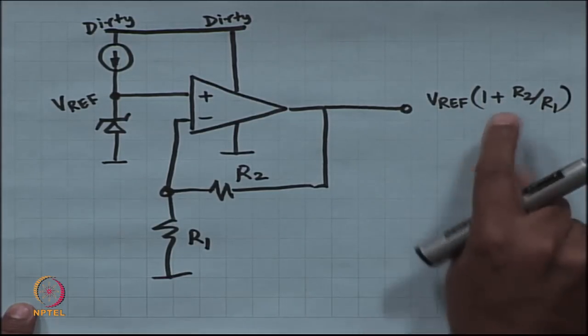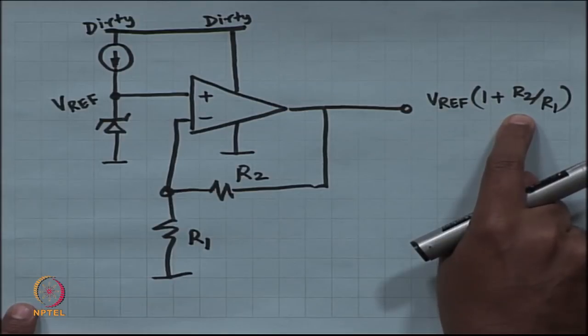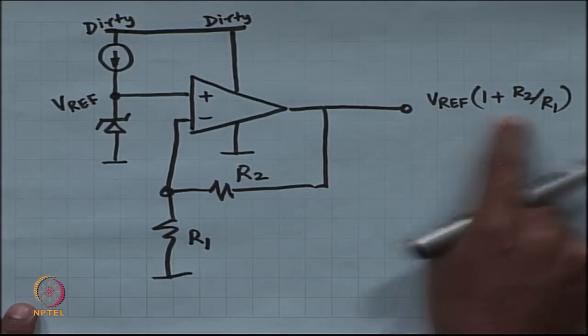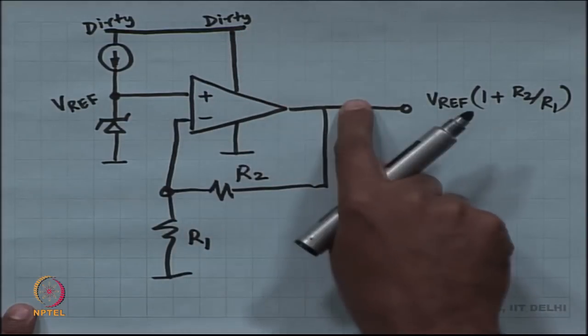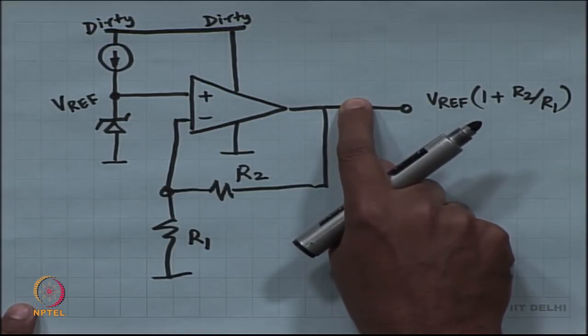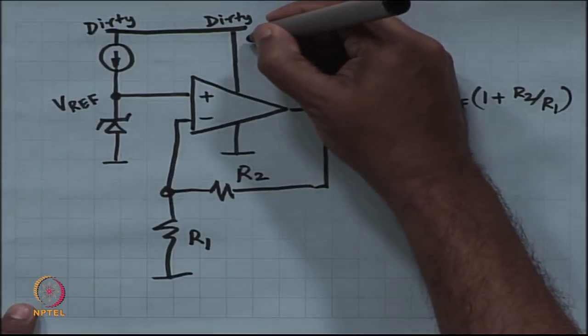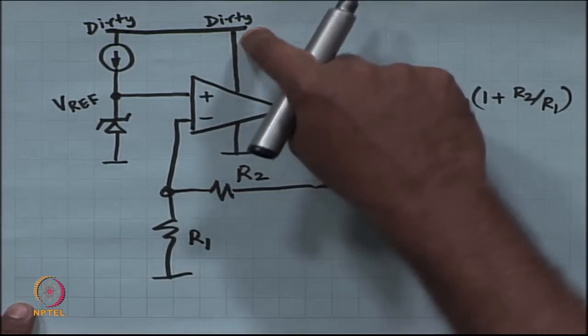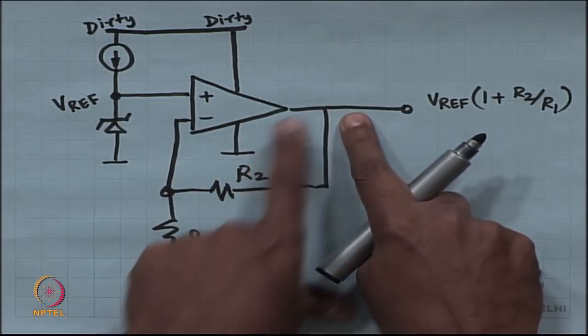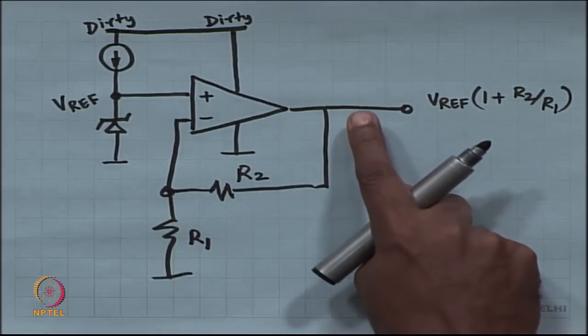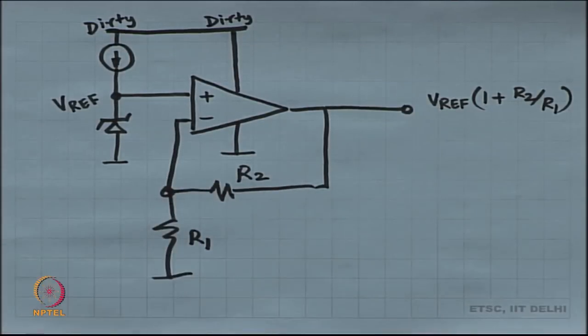And will it be bouncing? No, it will not be bouncing as long as this does not leak out, as long as the effect of the dirty power supply does not come into the output. Typically, it will not, because this is a feedback circuit.